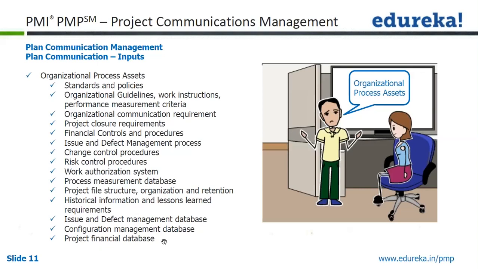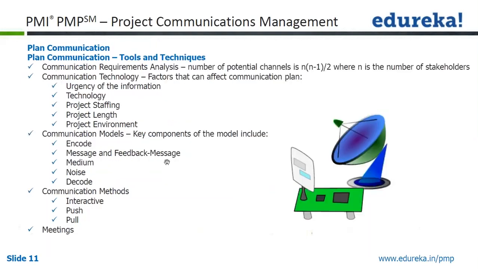Issue and defect management databases, configuration management database, project financial database, etc. They become input to your plan communication management. These are just repeated; we have covered them in the initial session. Just a reminder, there is a huge list, but all that is used towards creating your communication management plan.